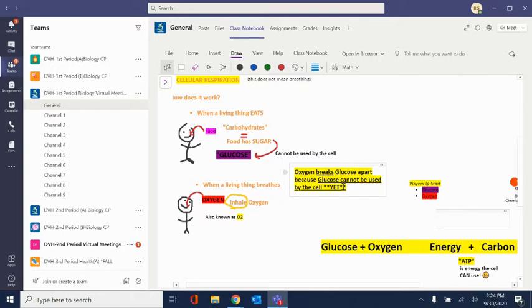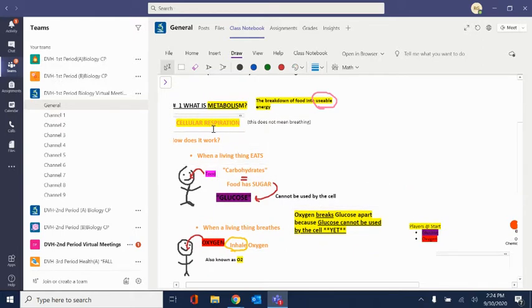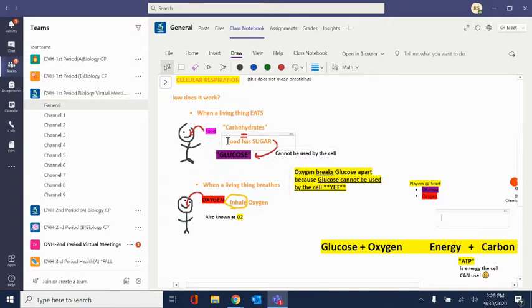So earlier, I said that cellular respiration is not breathing. That's still correct. Cellular respiration is where the cell is metabolizing or breaking down the food into usable energy. Before I can do that, I have to take in food and I have to take in oxygen.